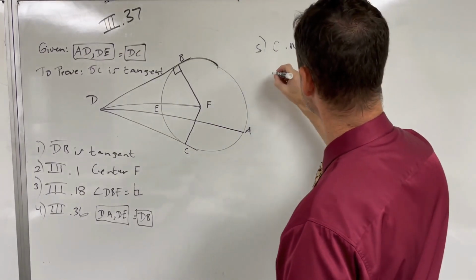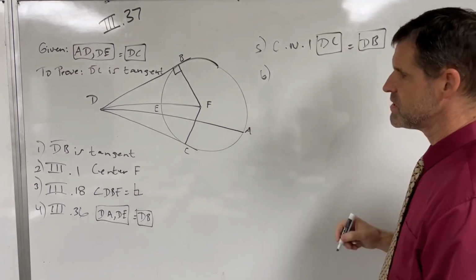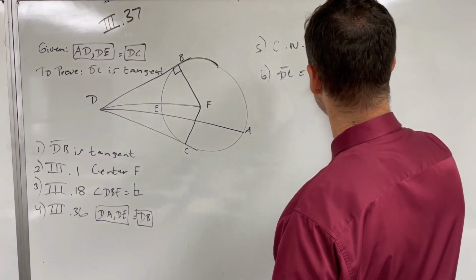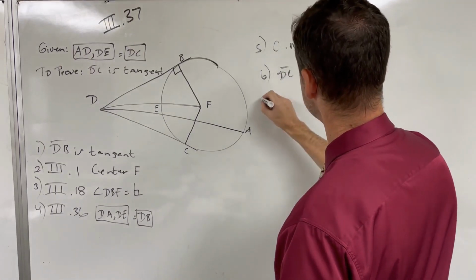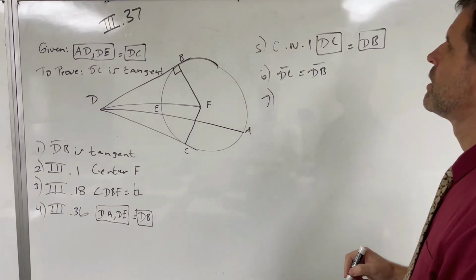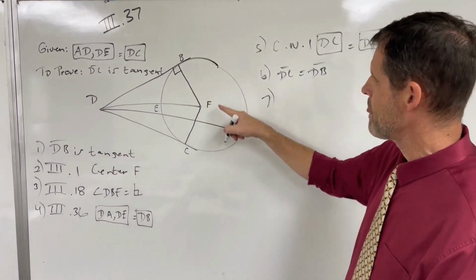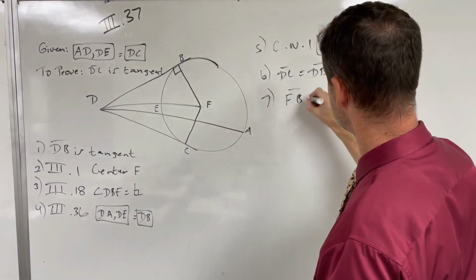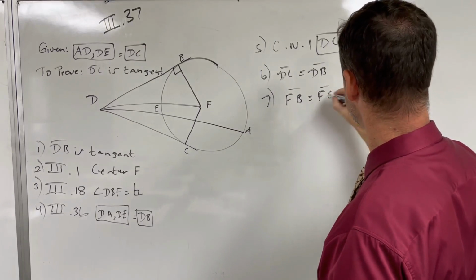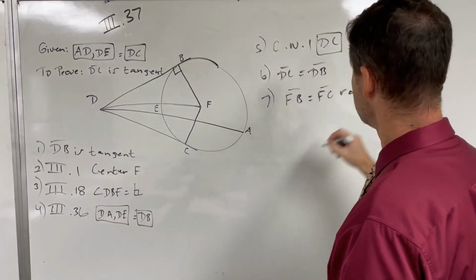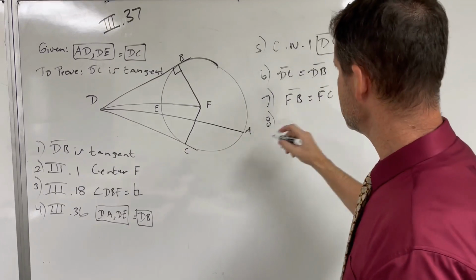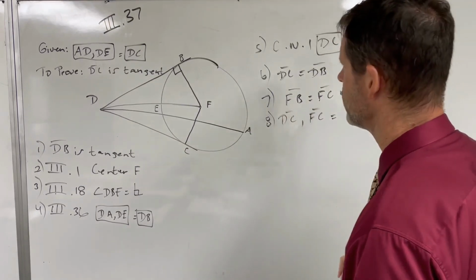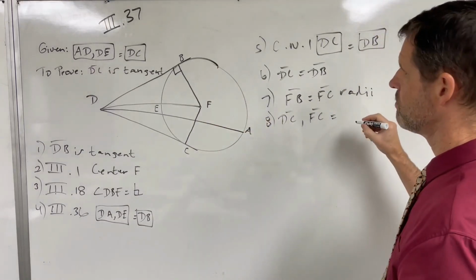Which means that the line DC equals the line DB. And we know that the line FB and FC are equal because they're radii of the circle. Therefore, the two lines together, line DC and the line FC, will equal the two lines DB, BF.